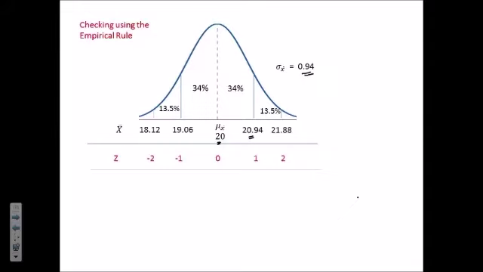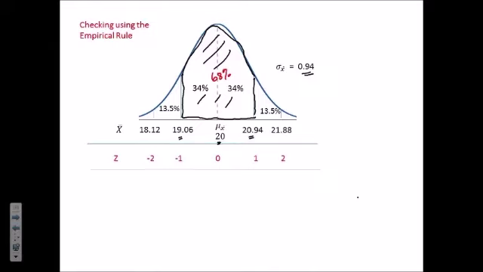And if we go 1 standard deviation the other way, subtract 0.94 from 20, we get 19.06. Well, we've memorized these areas, so therefore this area is going to be a total of 34 and 34, or 68%.